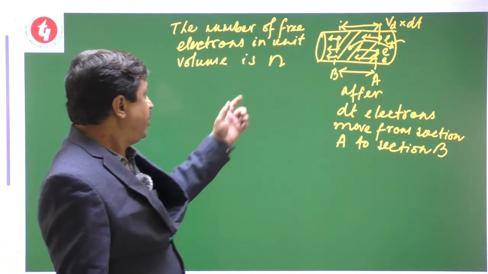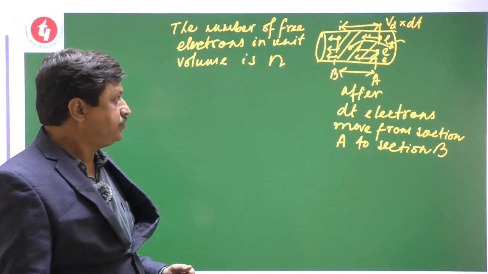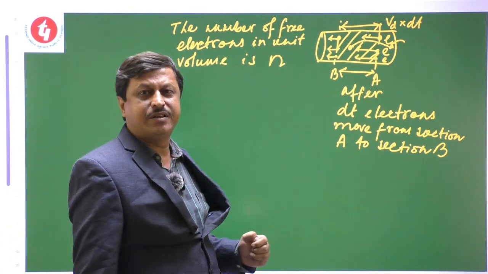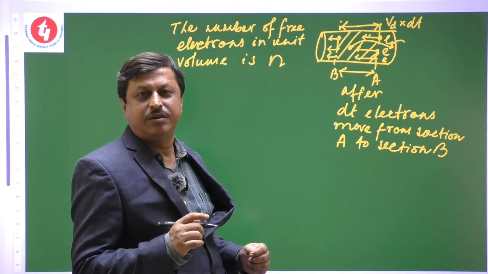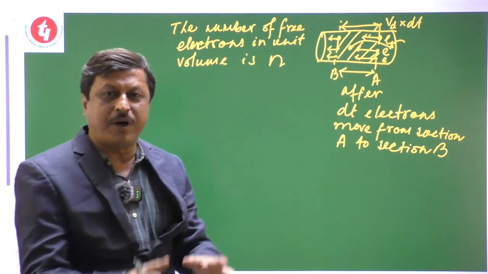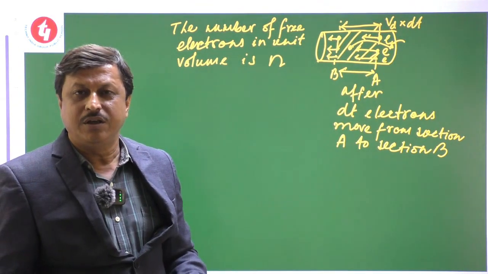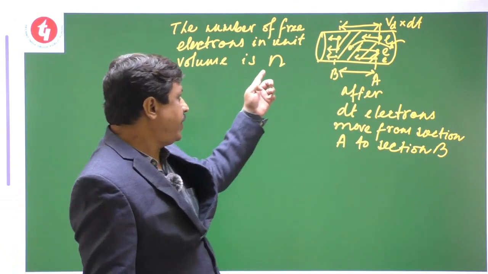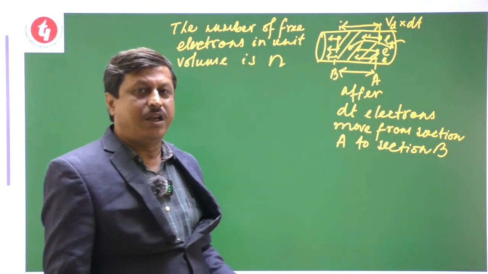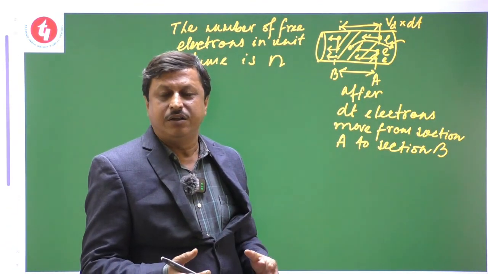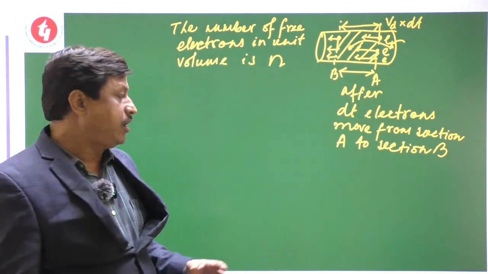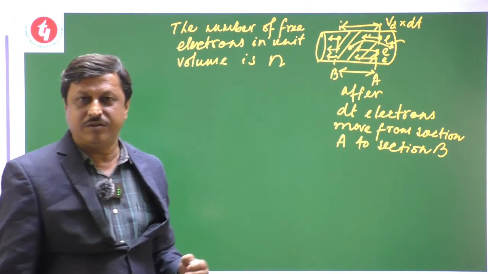On which factor does free electron density depend? Basically the material. In the case of an iron bar, a copper bar, or a gold bar, the number of free electrons is different from metal to metal. Obviously copper wire has a greater free electron density than iron.